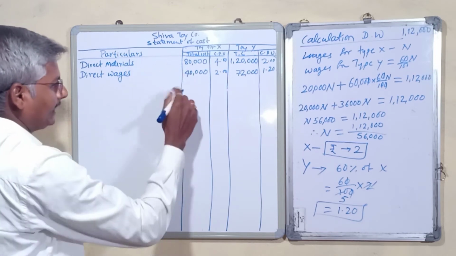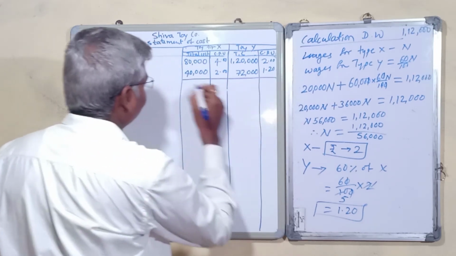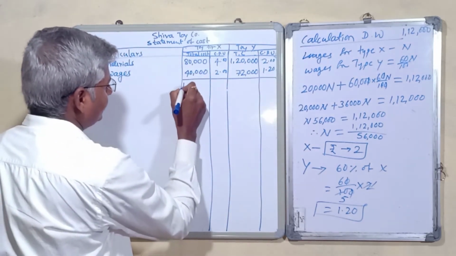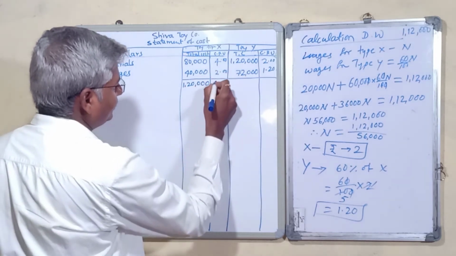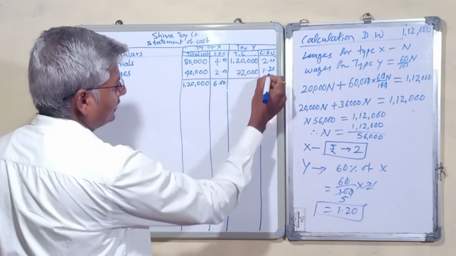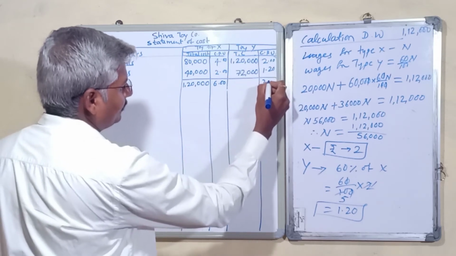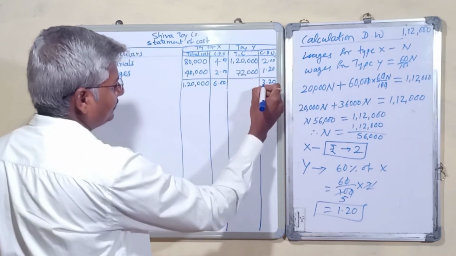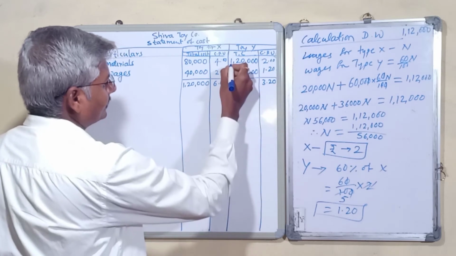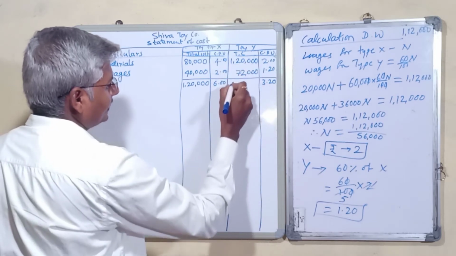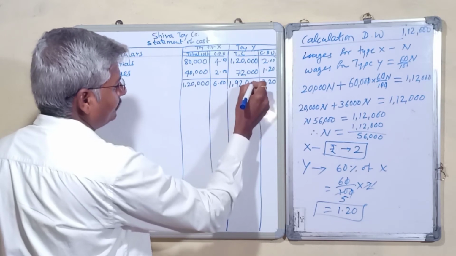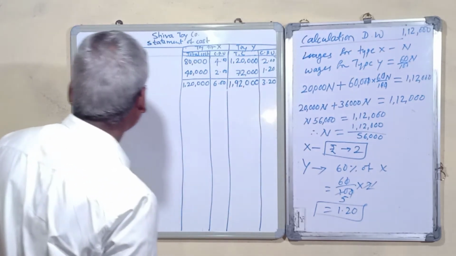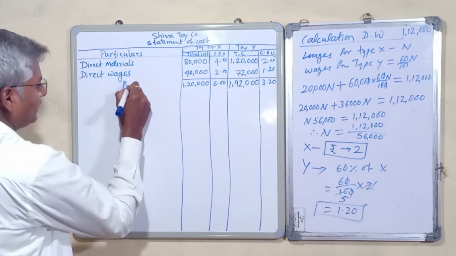That's why I will add these two. 80,000 plus 40,000 is 1,20,000. 4 plus 2 is 6 rupees per unit, and 3.20, that is 3 rupees 20 paisa. 1,20,000 plus 72,000 is 1,92,000 rupees. This is our prime cost.